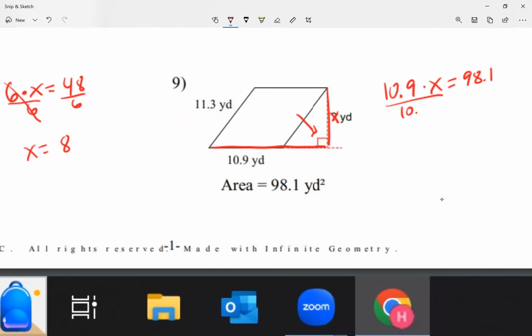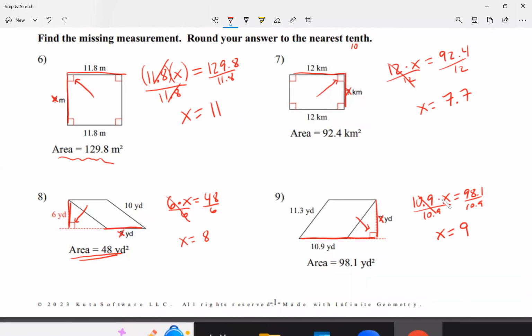Let me divide both sides by 10.9. Now 98.1 divided by 10.9. According to my calculator, I just get 9. Because the instructions here say round your answer to the nearest tenth, then round it to 1 decimal place if necessary.